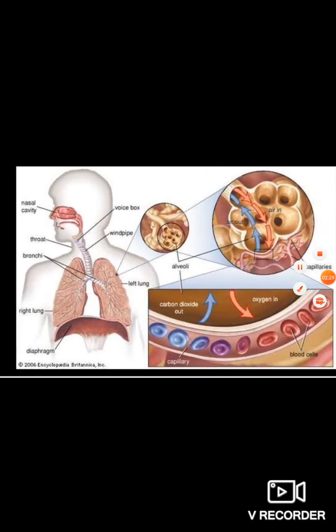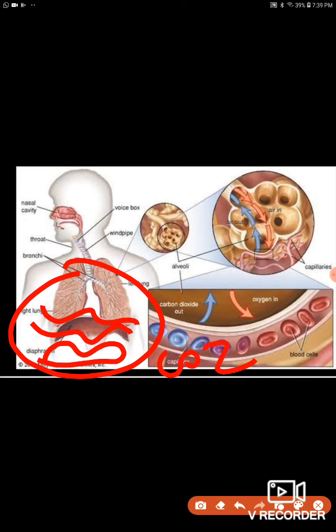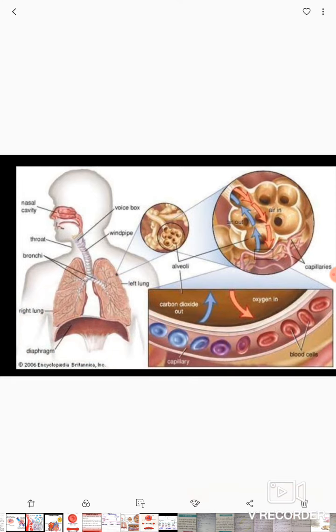Now this is our respiratory surface. But if any organ is present and the capillaries are surrounding this organ, this is called the tissue surface. Here what goes inside the capillary? CO2, which is generated by the biochemical cycles in the cells of this tissue. This CO2 goes inside the capillaries.